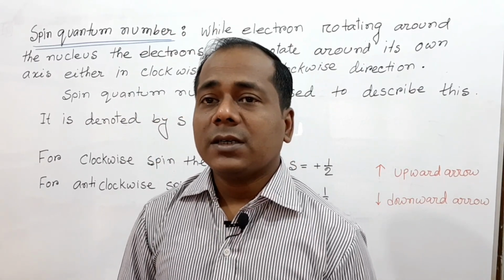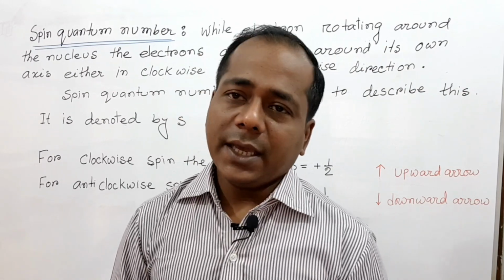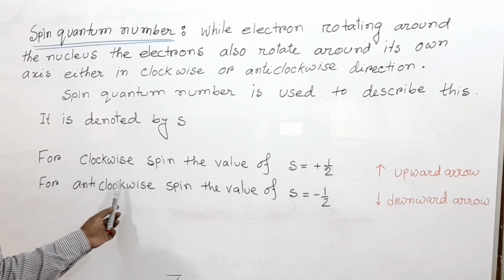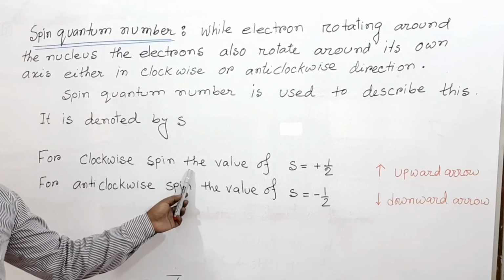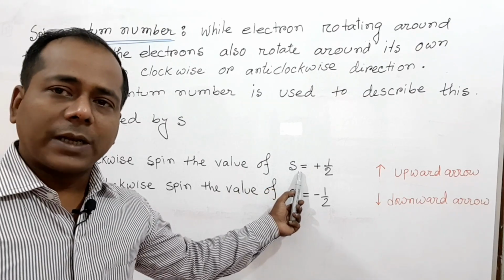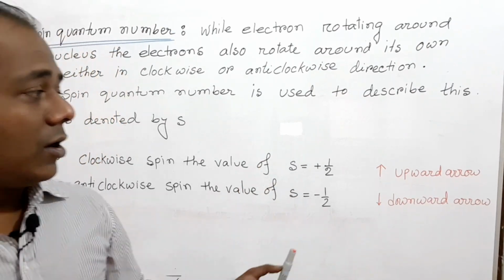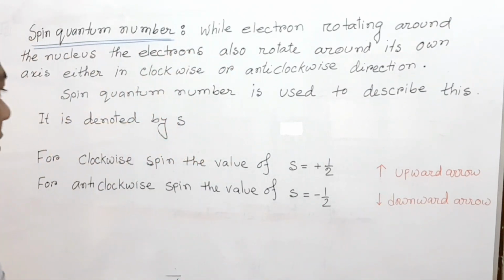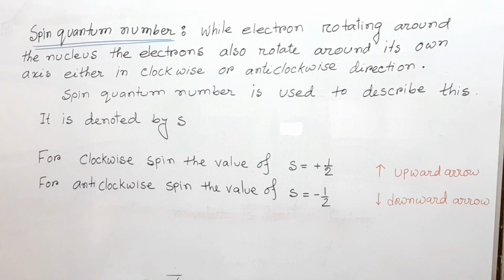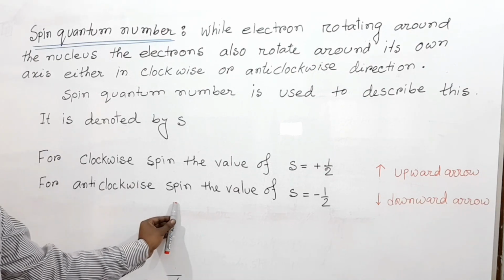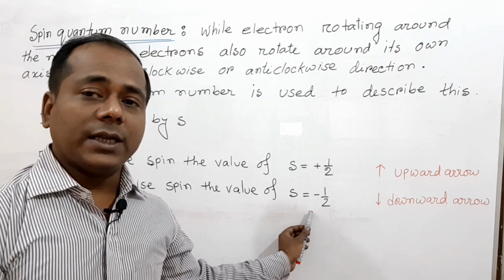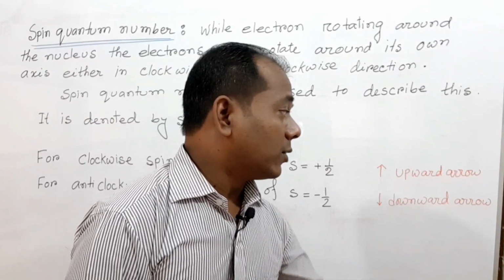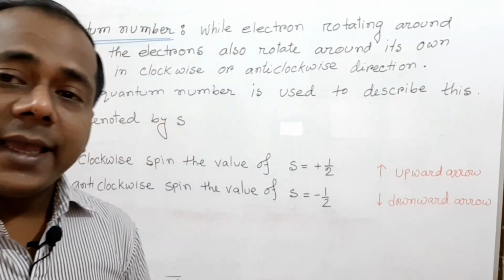Spin quantum number is denoted by S, capital S. For clockwise spin, the value of S equal to plus half, and we can also use upward arrow to indicate the clockwise spin. And for anti-clockwise spin, the value of S equal to minus half, and we can also use downward arrow to indicate the anti-clockwise spin.